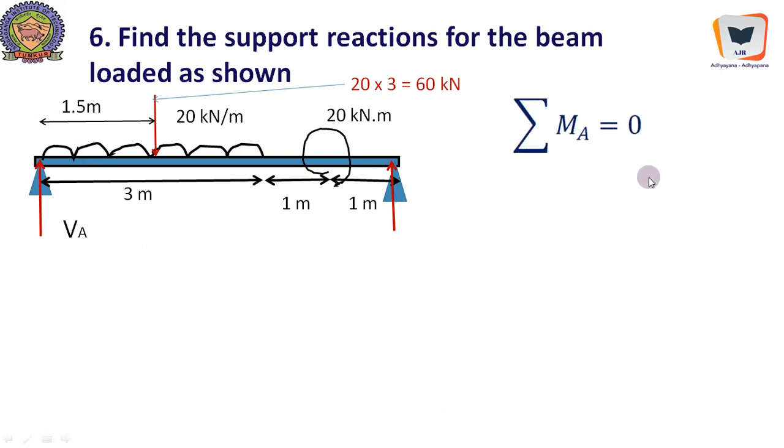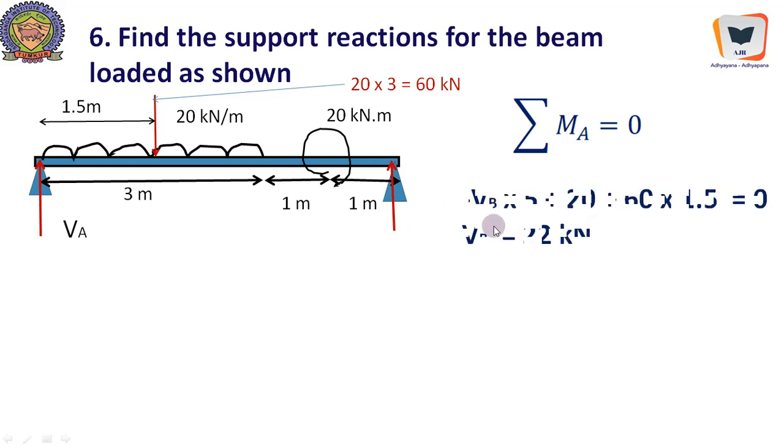So sigma MA equal to 0, we will apply. This is A, this is B. Now we have VB into 1 plus 1 plus 3, that is 5, VB into 5 anti-clockwise, negative, plus 20, the given clockwise moment. We will directly add this 60, that is the equivalent concentrated load, into 1.5, that is also clockwise.